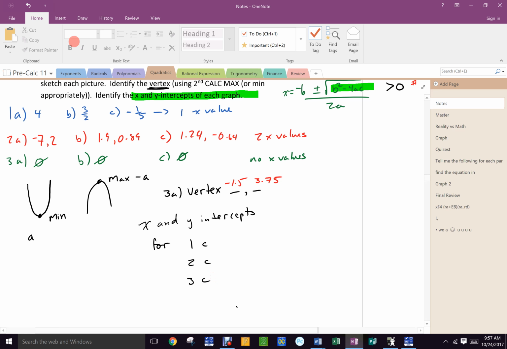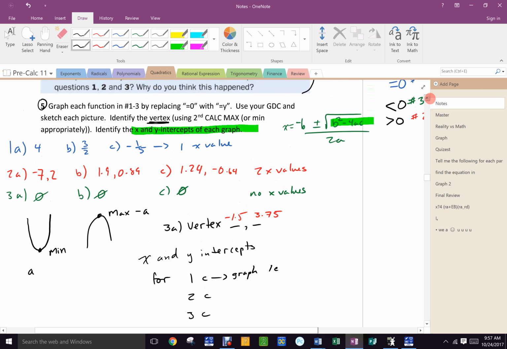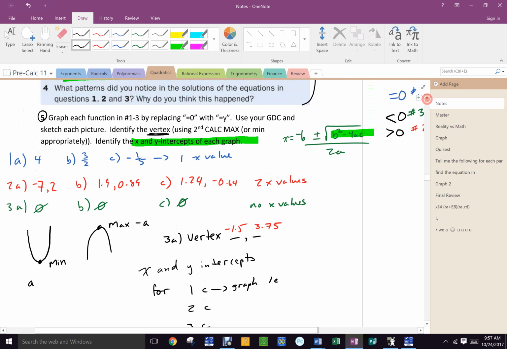So what's our first step? Step 1 is to graph 1C. So go up to 1C and get it so it's on your screen.